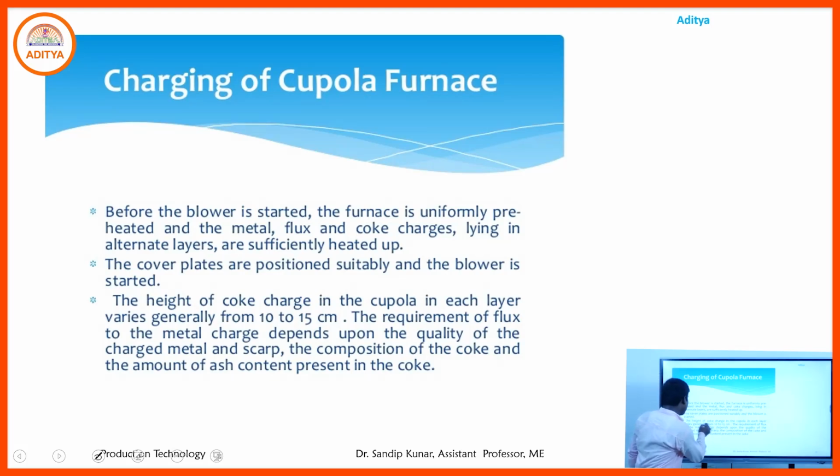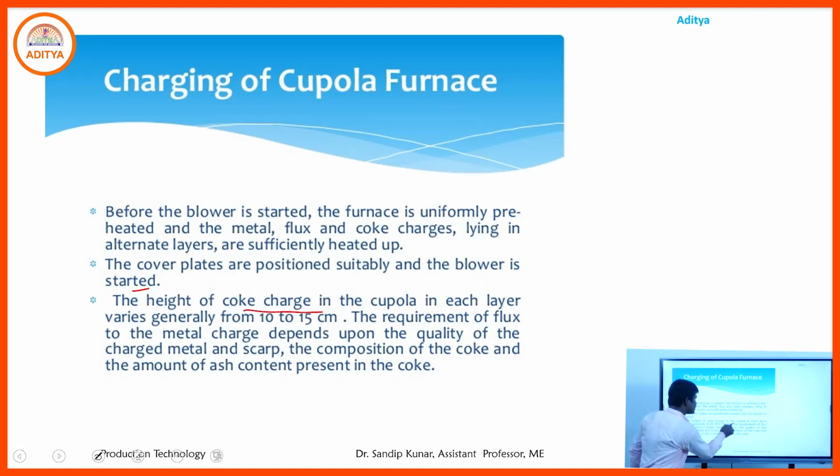When the cover plates are positioned, the blower is started. The upper cover plate will be closed, then the blower is started. When we start the blower, oxygen comes into the cupola furnace.